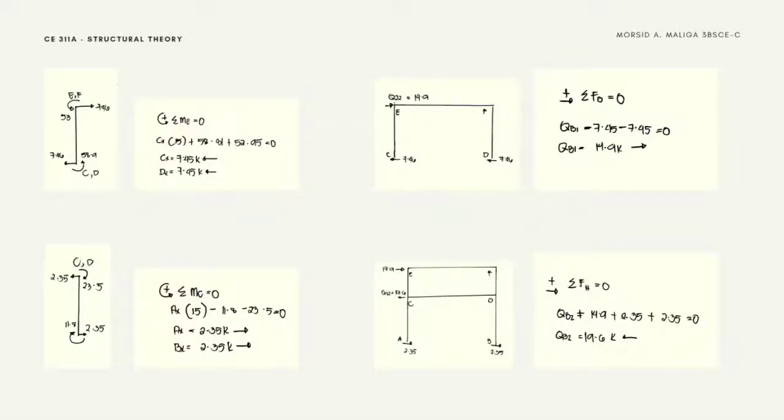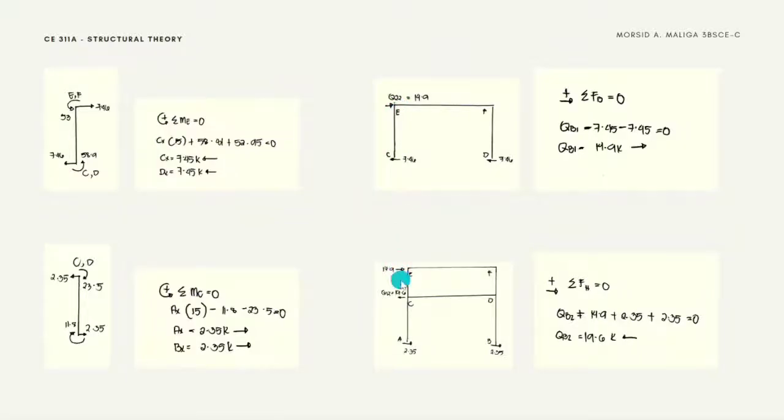Next, is for our Q sub B. So what we are going to use is the summation of horizontal forces also. So if you're going to use that, what we get is QB1 is equal to 14.9. QB1 pala yan siya dito, guys.